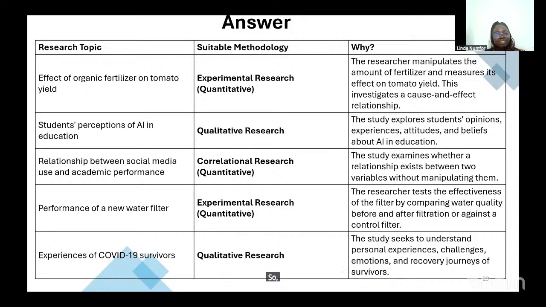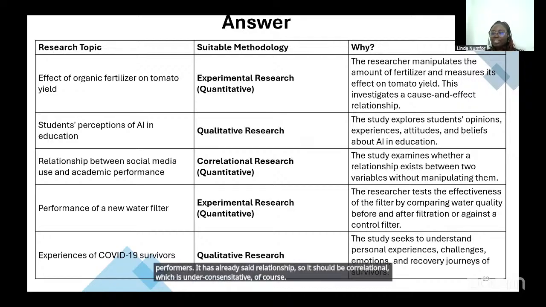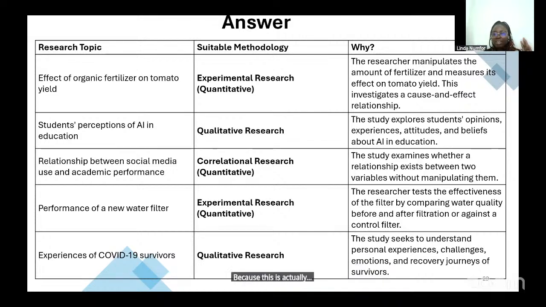Number three, relationship between social media use and academic performance. It has already said relationship, so it should be correlational, which is under quantitative, of course, because this is trying to compare between two variables. Performance of a new water filter is experimental, which is quantitative, because you're going to compare the new one to the old one, or how effective the new one is compared to the old water filter.